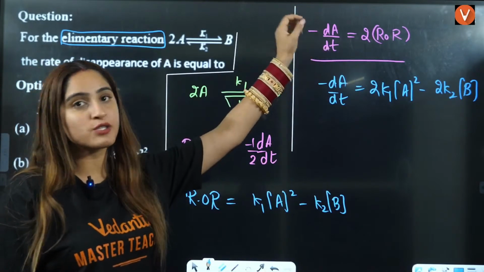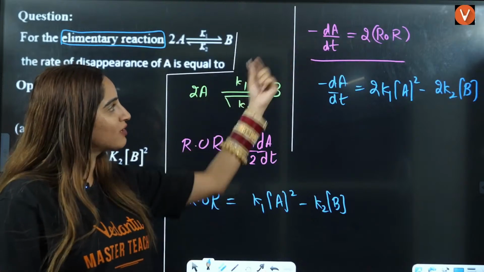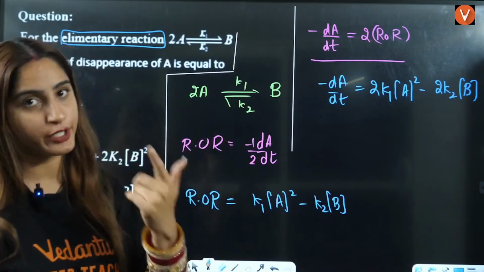For disappearance or appearance, don't divide by moles. That is how you get the relation between disappearance and rate of reaction.